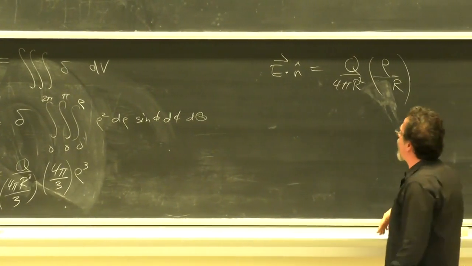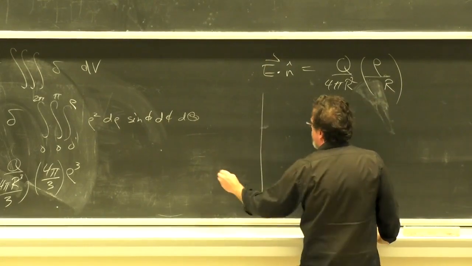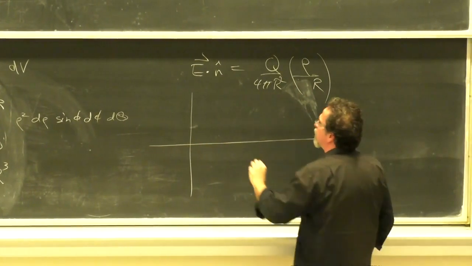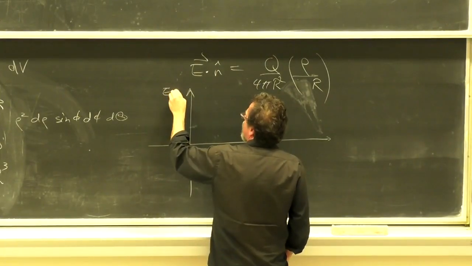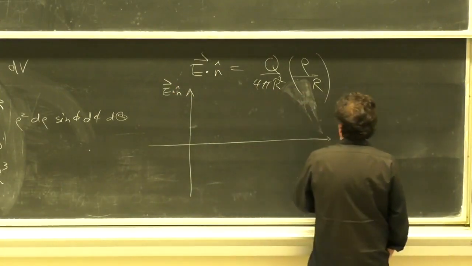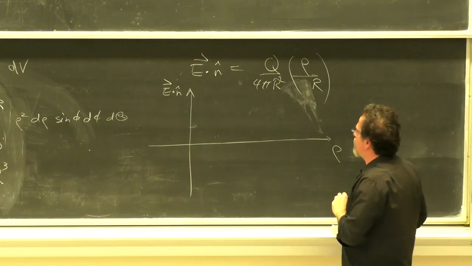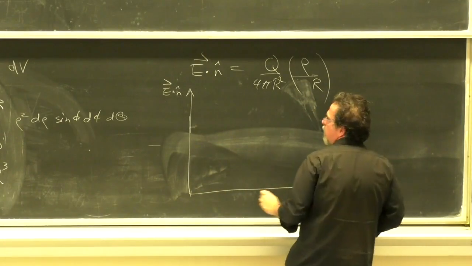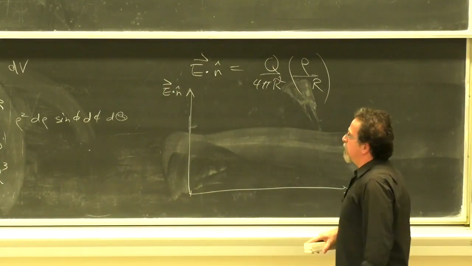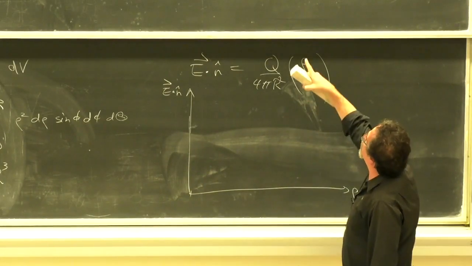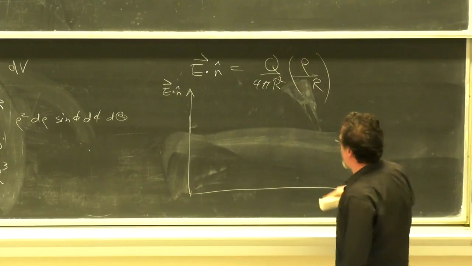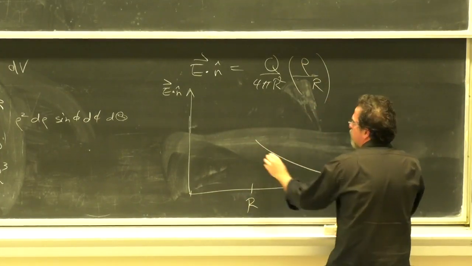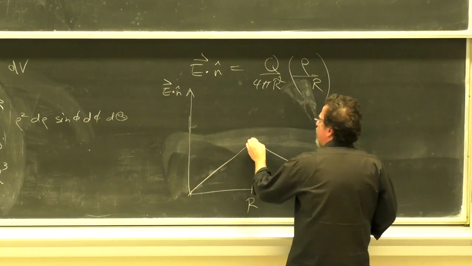Okay? So look what happens. If I were to plot the radial component of the electrical field, E dot n hat, as a function of rho, what we see is that the vector field goes as 1 over rho squared for rho greater than r, and then it goes linearly in rho for rho less than r.